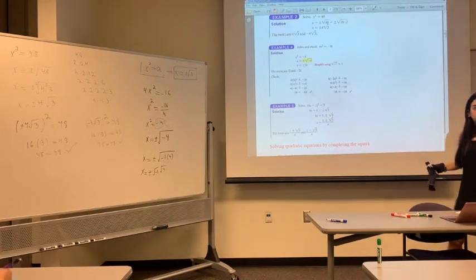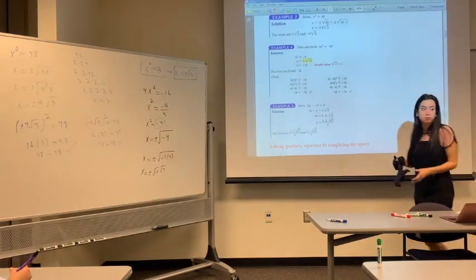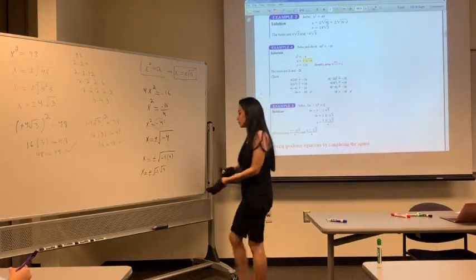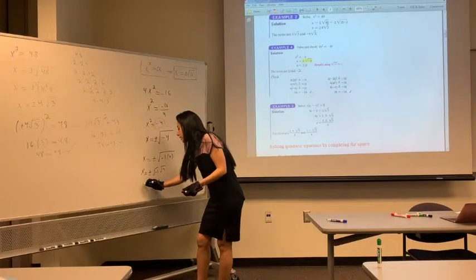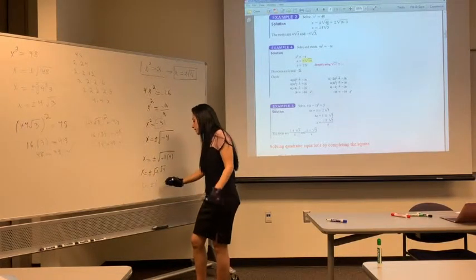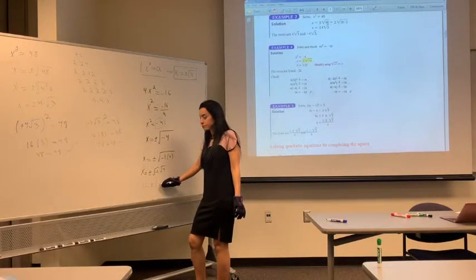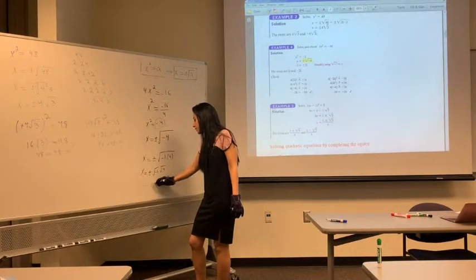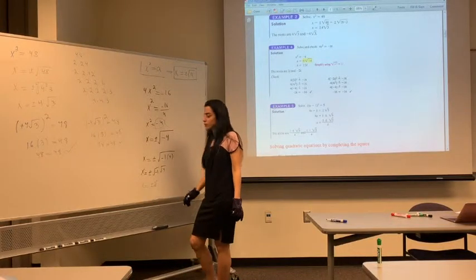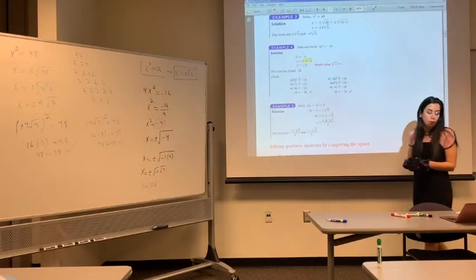So what is radical negative 1? It is i. So x is equal to plus minus i multiplied by radical 4, which is 2, so we write plus minus 2i.